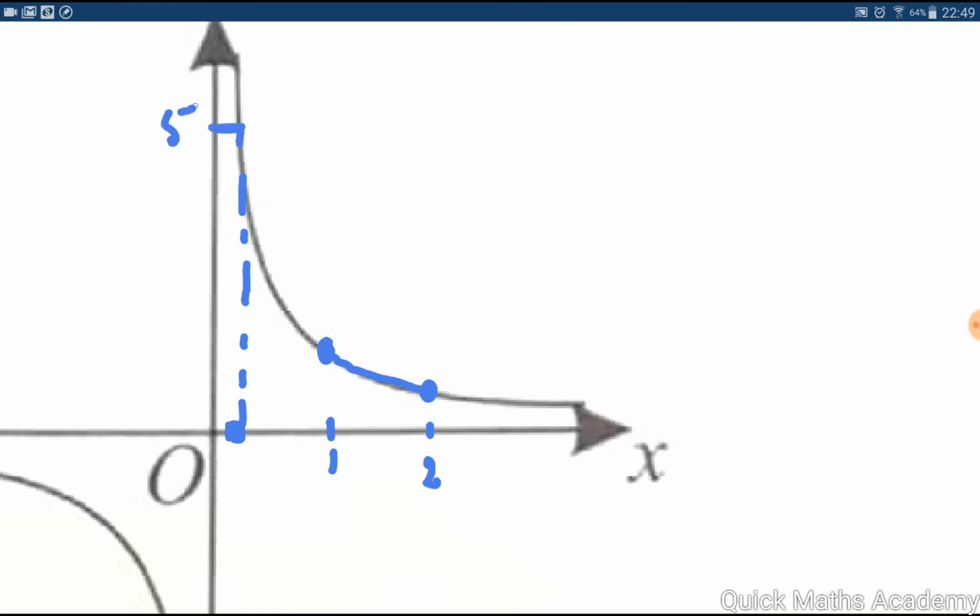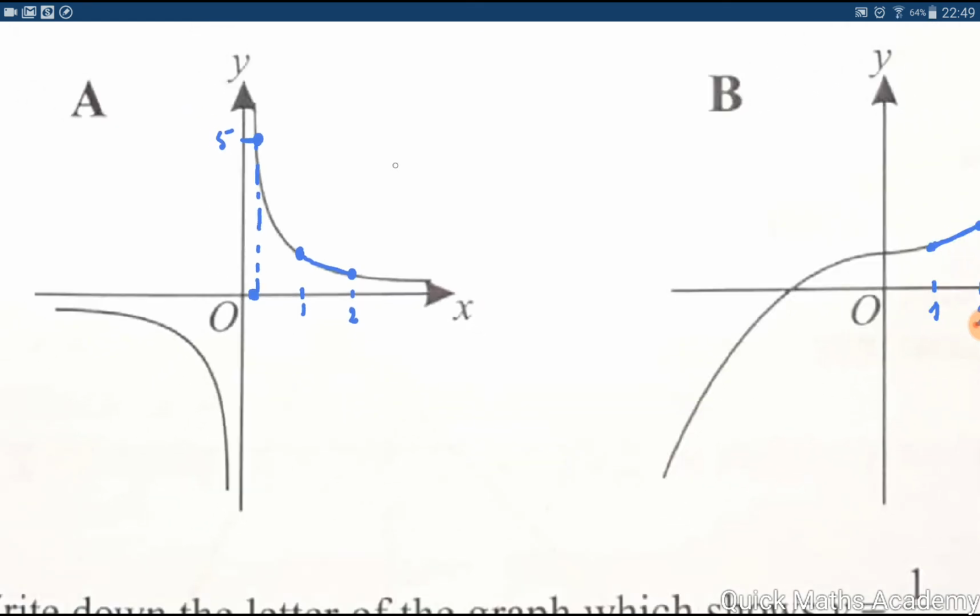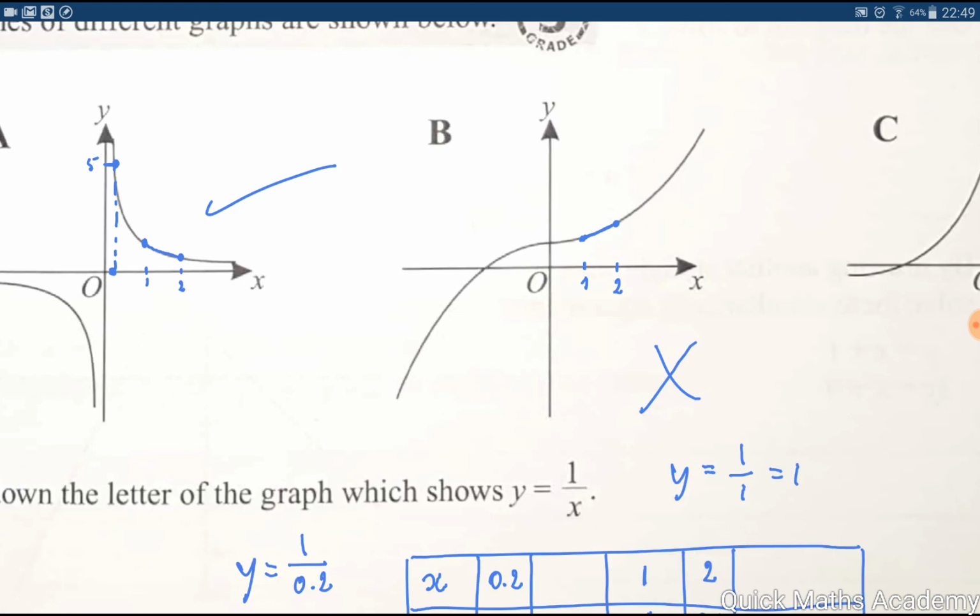Let's call it 5 here. It makes sense. This point is in the line. It's a bigger number of y when the x is very, very small. So for sure, I know this is the right option, between A, B, and C.